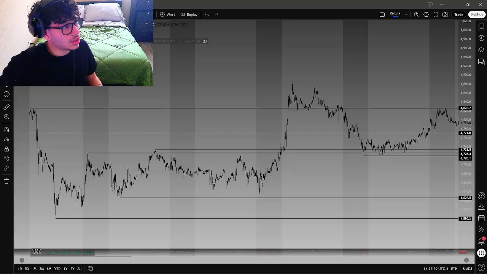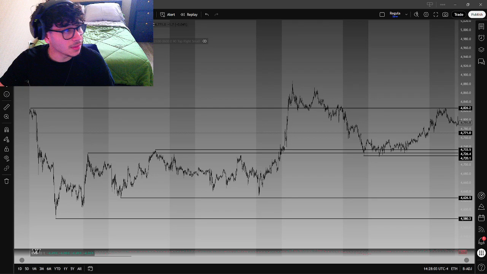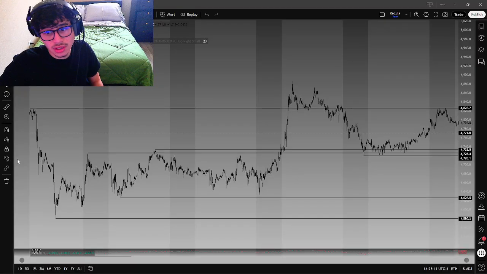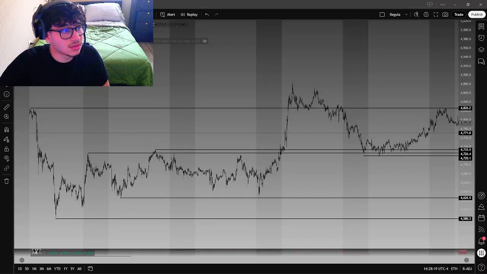Every trade has two things: a stop loss where you exit if you're wrong, and a take profit where you lock in your win. Before entering, both are already planned. You should already have a game plan before you enter, how much you're willing to risk and how much you're willing to take profit from. Like if you're risking 200 to make 300, that's not a good risk to reward.